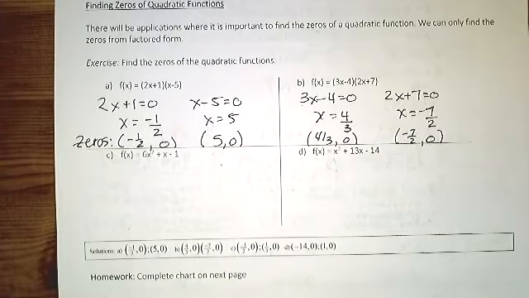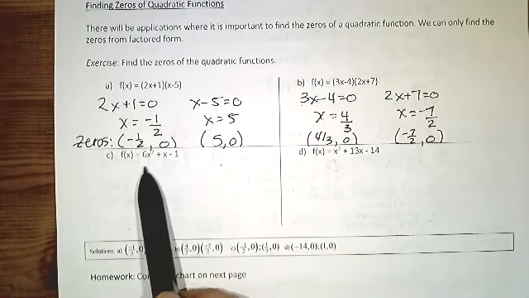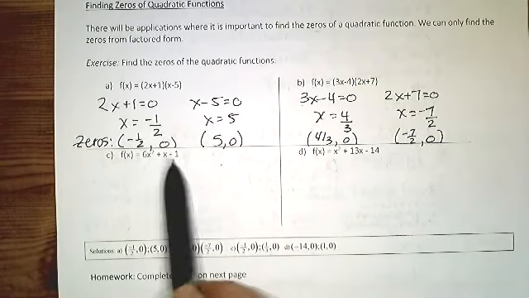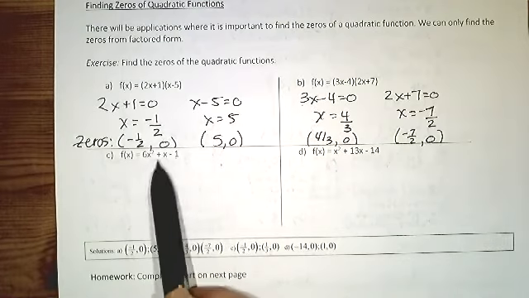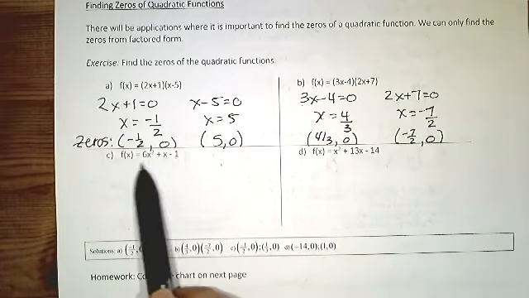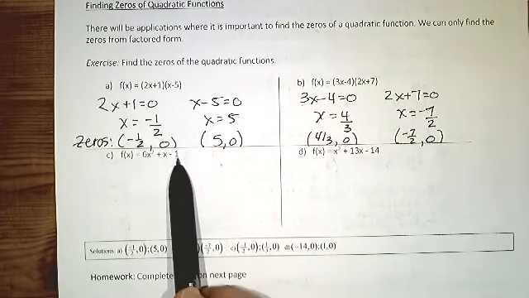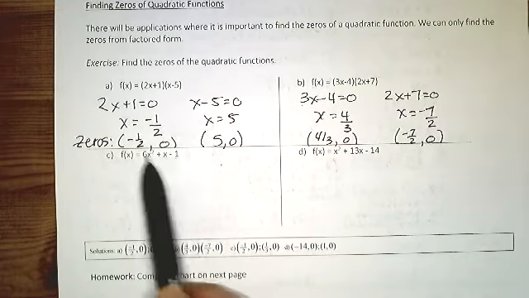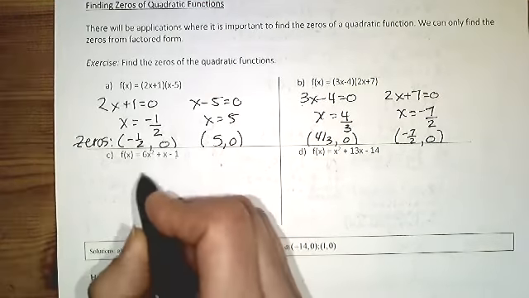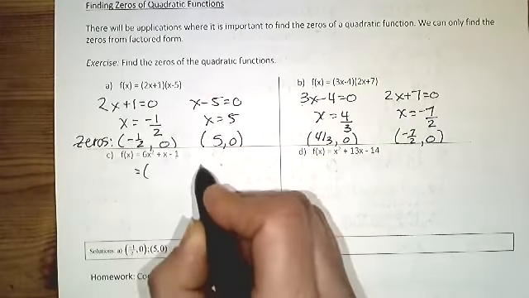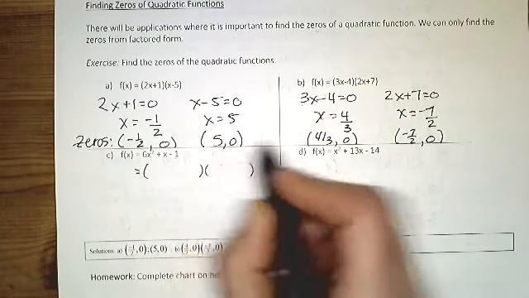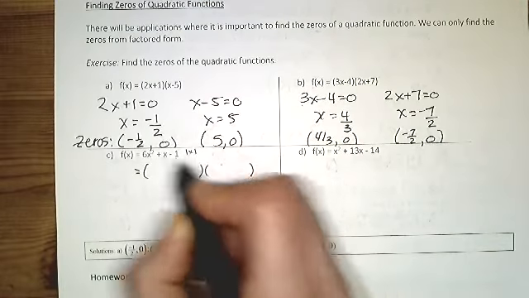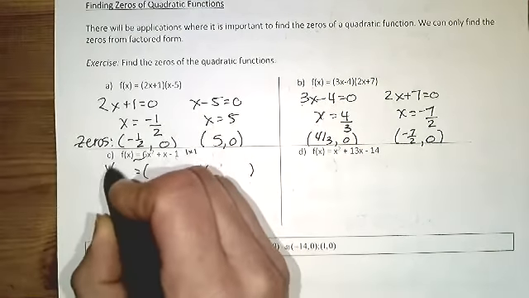If we do not have it in factored form, then we have to know how to rewrite it to be in factored form. So if it's in standard form, we would want to factor this. Remember, to factor, we set up our two brackets. I need all the factors of the A and the C value.